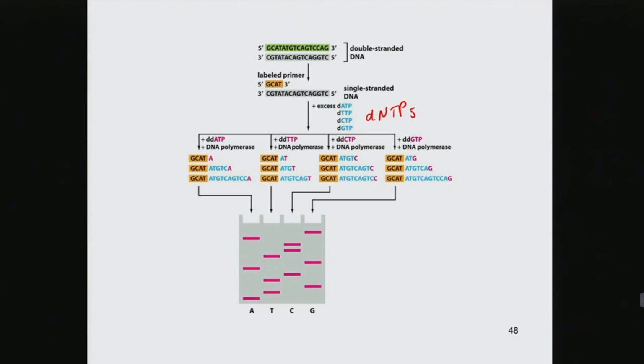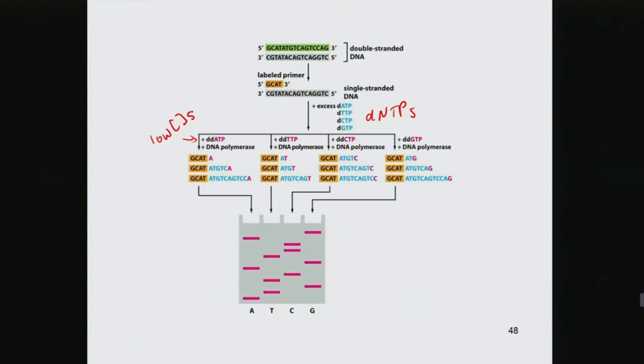And then with each of those 4 test tubes, you add in a dideoxynucleotide. So this one would be for adenine, this one in this tube would be for thymine, cytosine, and guanine. And again, these are at low concentrations, whereas your regular dNTPs are in excess.